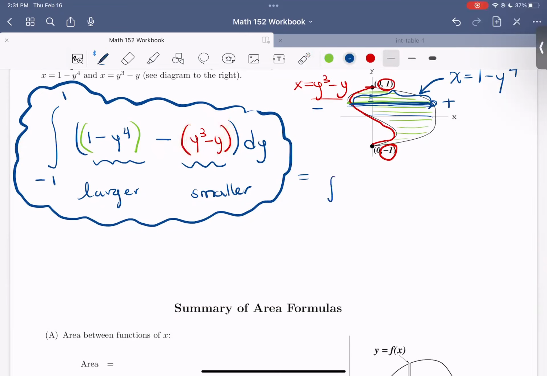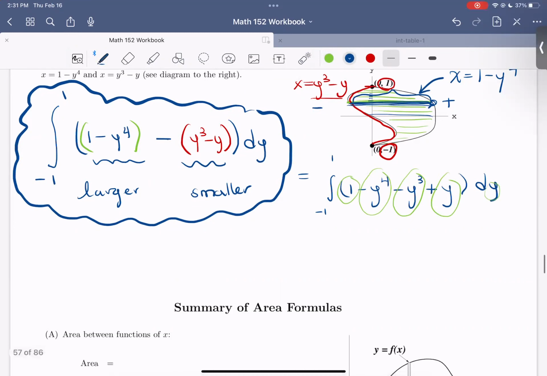So this becomes the integral from negative 1 to 1 of 1 minus y to the 4th minus y cubed plus y, dy. That second negative changes to positive when I bring in the negative sign. Now I can compute the antiderivative of each term. It's just like what we've been doing, but using y instead of x, and all the rules still apply.